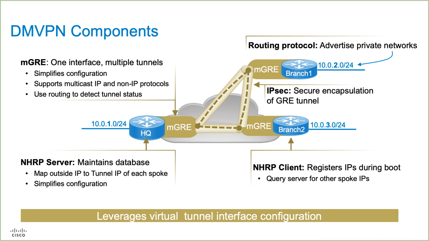And this nice dynamic registration and then maintaining a database simplifies the overall configuration of how we reach the other locations. Also, if we have dynamic spokes coming up, going down, dynamic spoke-to-spoke communication, we could support multiple different routing protocols. And when I say multiple, I mean RIP, EIGRP, ODR, OSPF, and BGP.